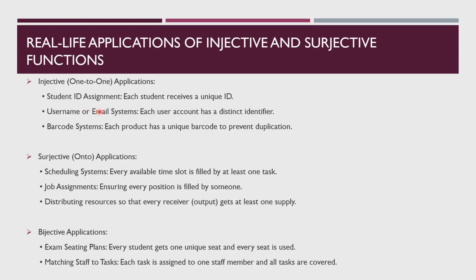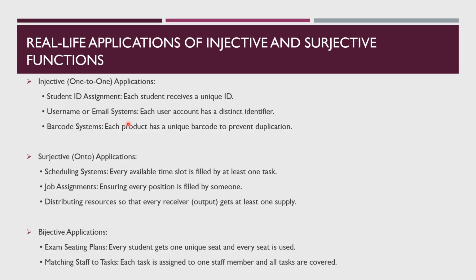Student ID assignment: each student receives a unique ID. So when they go to school, as we are students in our senior high school, we have unique ID numbers, and our ID numbers correspond only to ourselves. That is one student to one ID number.